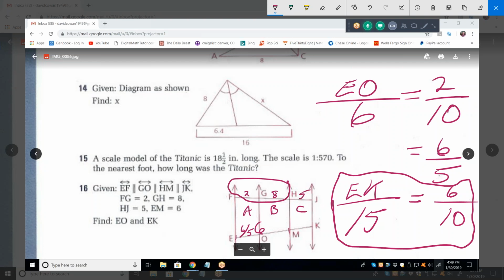In other words, 6 is less than 10, so EK has to be less than 15. And if you do the math, you get EK equals 15 times 6 divided by 10, that's 9. So EK is 9, EM is 6, that's got to be 3. Now, let's just change that 6 to 4 and 4/5. See where I got that?